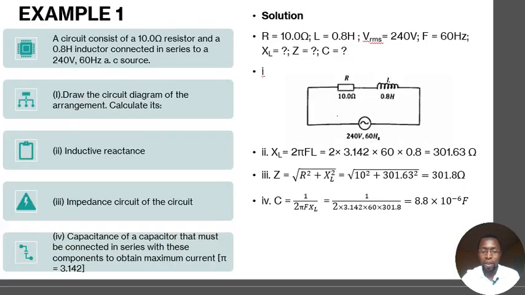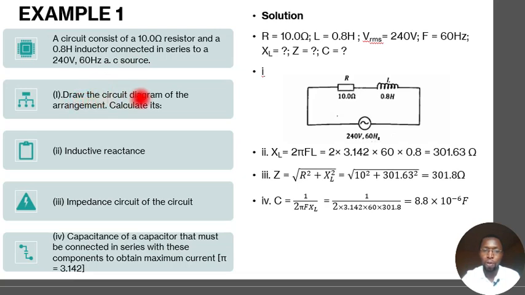Example 1 says: a circuit consists of a 10.0 ohm resistor and a 0.8 Henry inductor connected in series to a 240 volt, 60 hertz AC source.